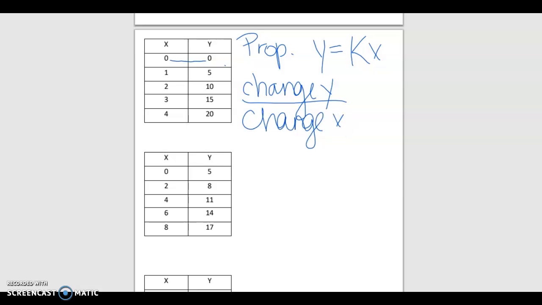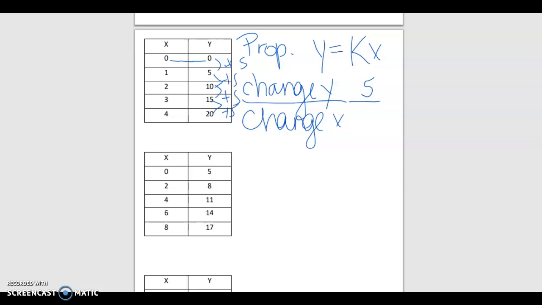So I need to look at how my y's are changing. 0 to 5 is plus 5, and we are looking at plus or minus here. 5 to 10 is plus 5. 10 to 15 is plus 5. Sorry, that is very messy, but kind of hard to write on it. 15 to 20 is plus 5. So my change in y is 5.